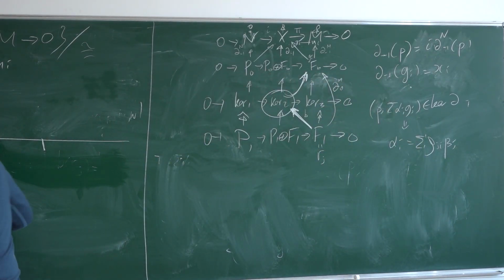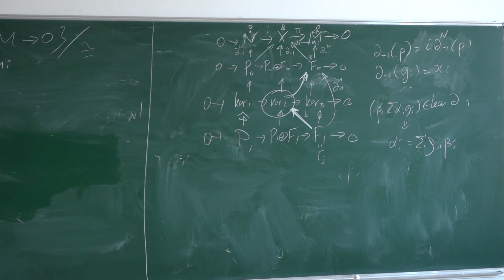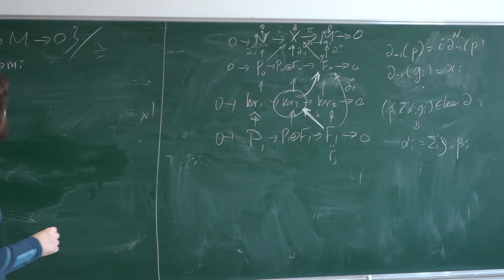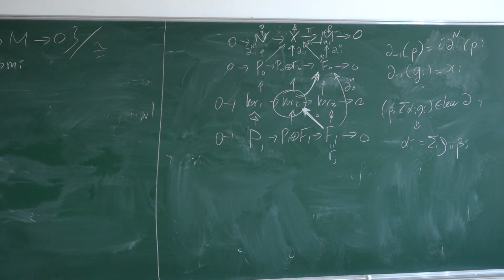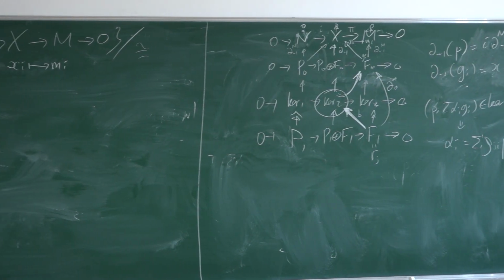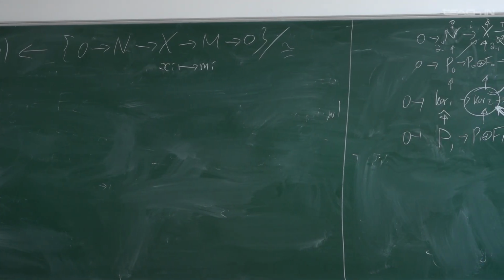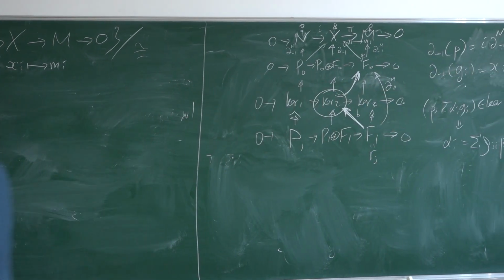Okay. Now I apply hom to N, and want to understand what the boundary map, the connecting homomorphism in the long exact sequence of homologies, is. What is this boundary map? I apply hom to this short exact sequence of resolutions. If I apply it, I obtain something like.